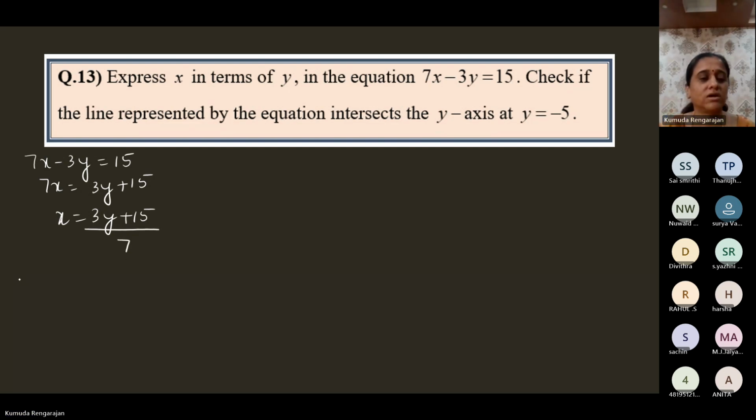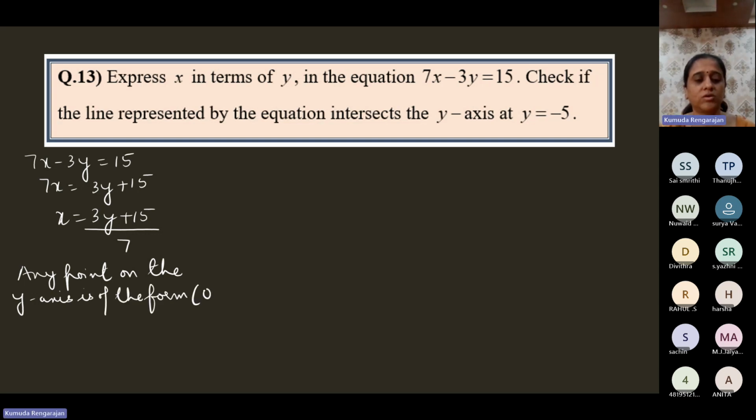Now, any point on the y-axis is of the form 0, comma y. So when x is equal to 0, we have 7 into 0 minus 3y is equal to 15.